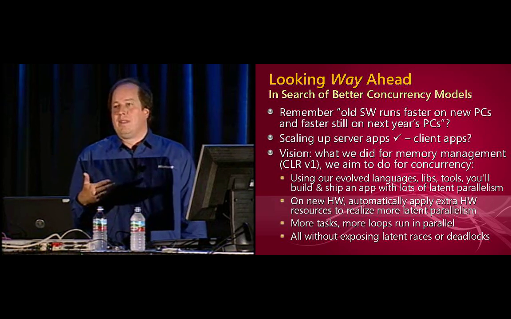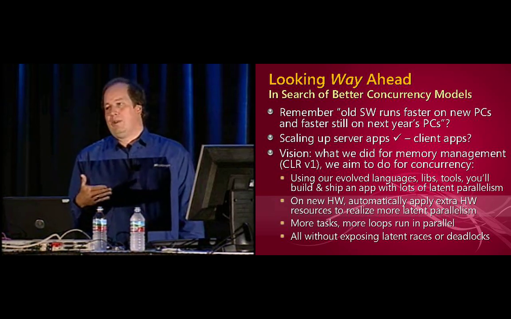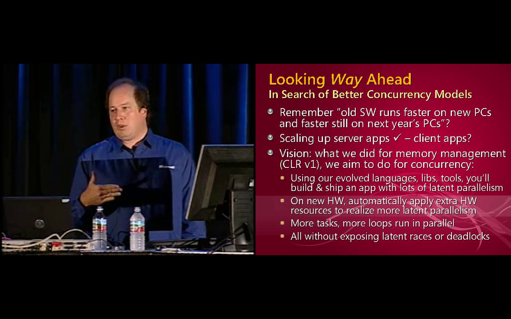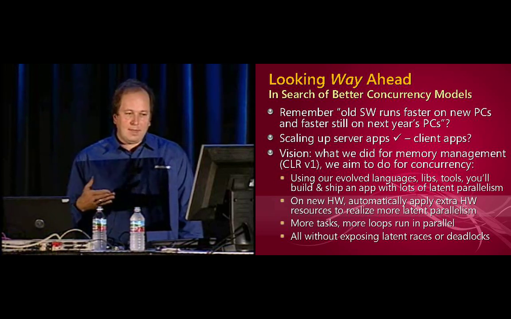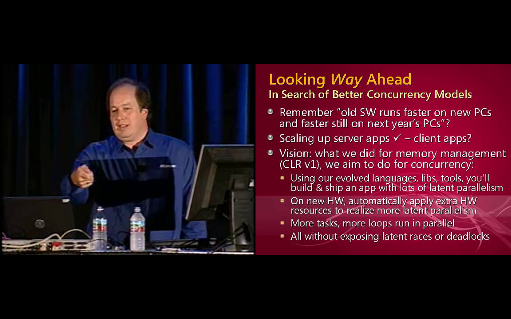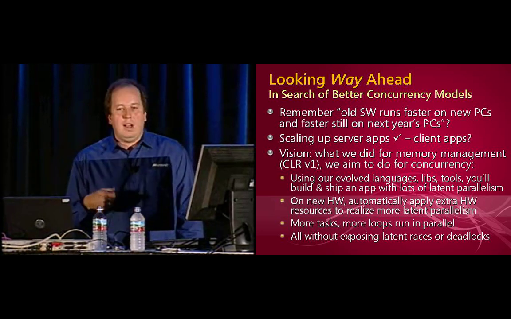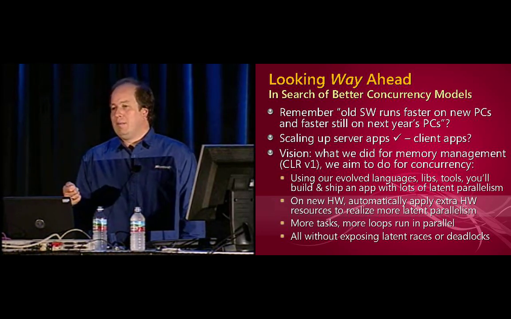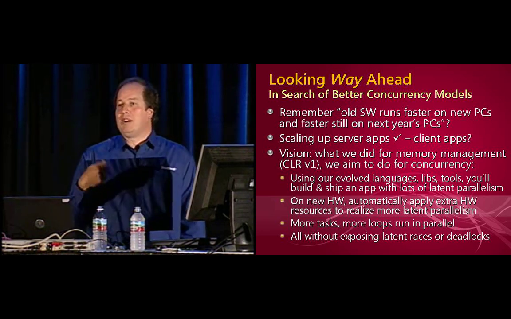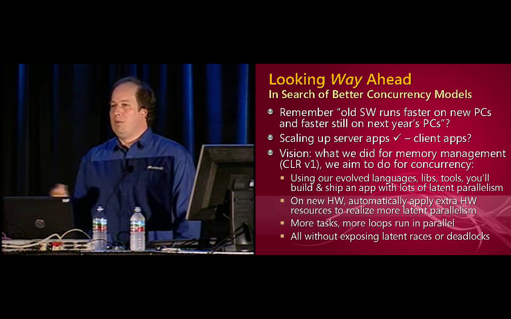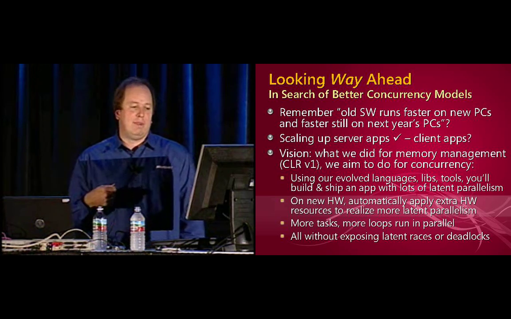Now on the server, that seems relatively straightforward, because we already have server programming models that can harness more and more cores, because we can just give more client work to more threads. On the client, it's a little less clear, because the client is doing one operation at a time, and somehow you've got to apply a team of 4 or 8 or more threads on that one operation to speed it up.